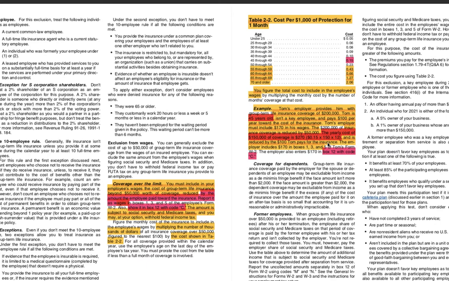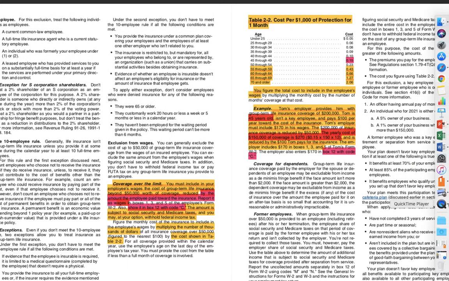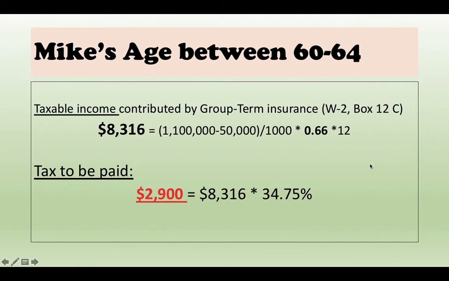Then you multiply by the factor 0.15. You can see this is the 45 to 49 age bracket, and he is 45 years old, so the factor is 0.15. Then you multiply by 12. This is how you calculate it, and that's why I showed you the formula. This is given by the IRS.